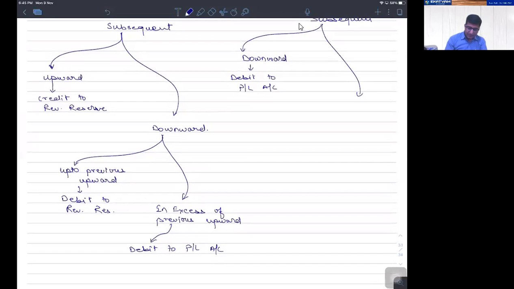Whereas if we did an upward revaluation now, and the previous was downward, in that case to the extent of previous downward, credit to P&L account.